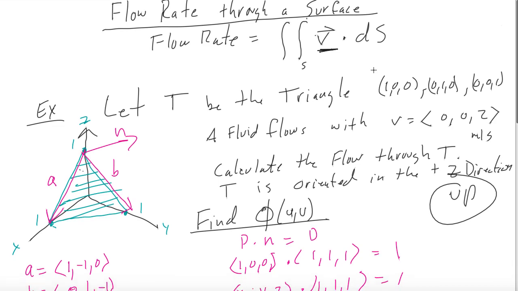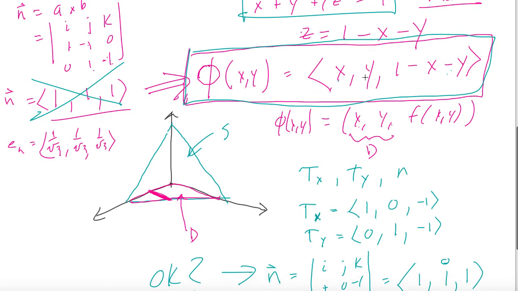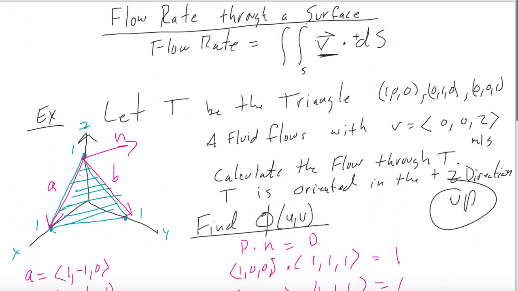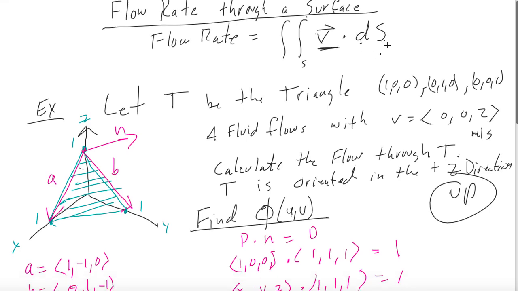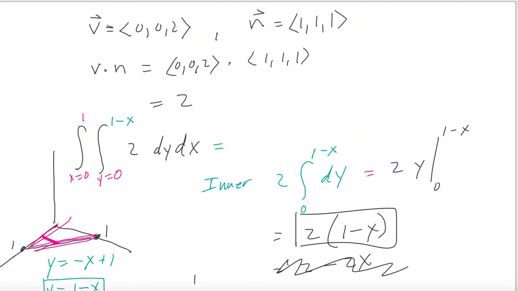The normal vector is inside here with dS. This dS is a surface, which eventually turns into our dy dx.